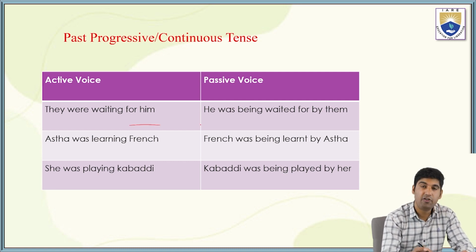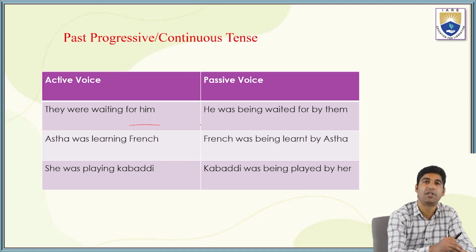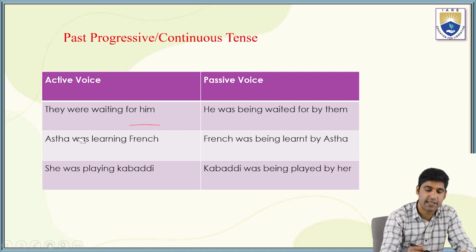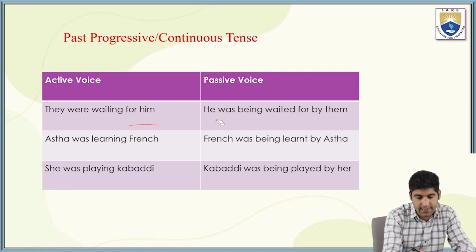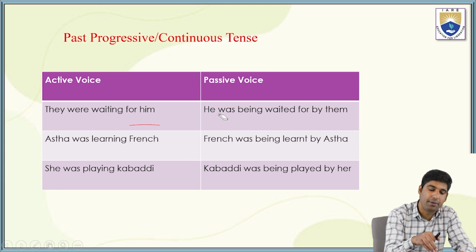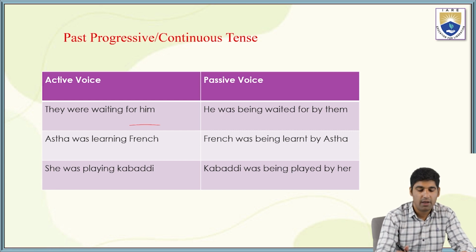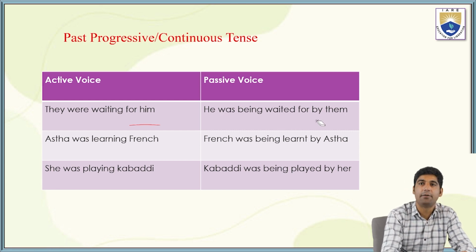So "him" will be the subject. When "him" is converted into the subject, it will be "he". And "he" is singular, so it will not be "he were". He was, and "be" will be converted into "being" because it's continuous form. He was being waited for by them.